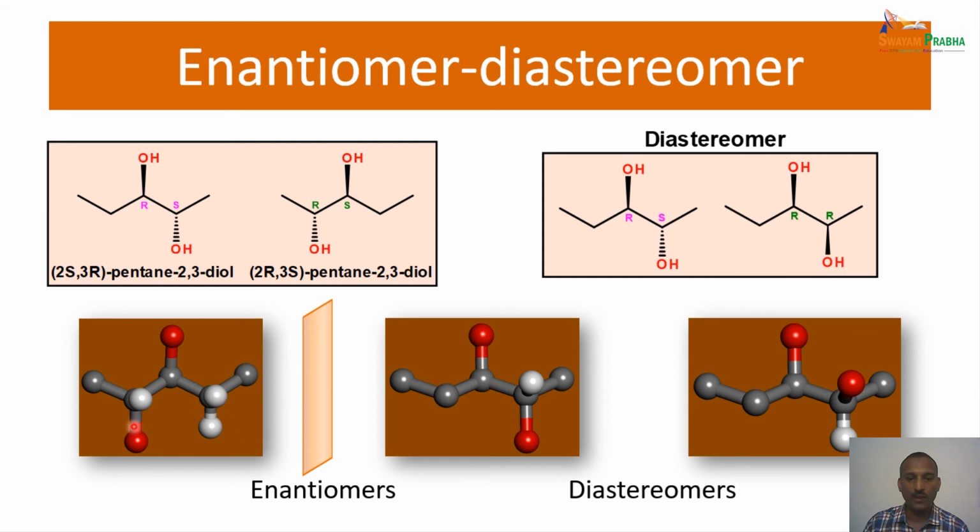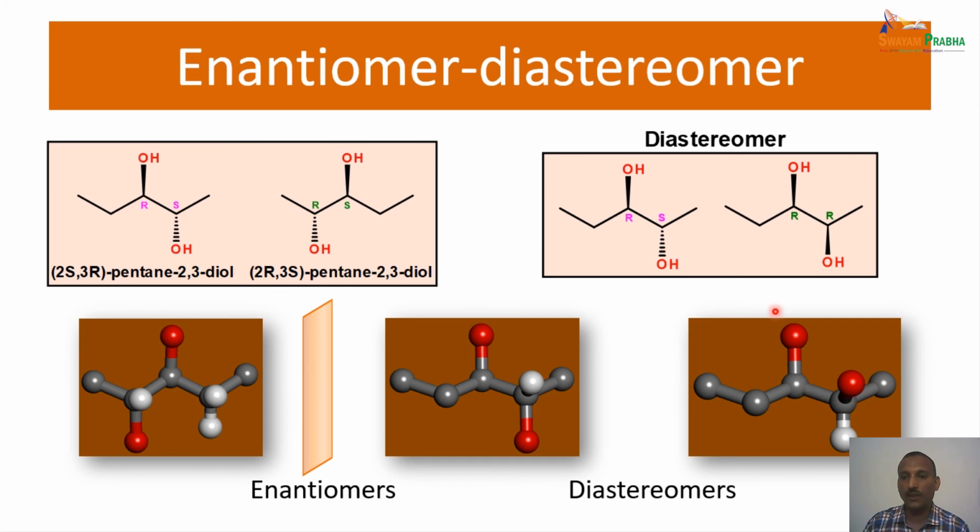In other words, this carbon retains the same configuration here again. The OH is on the right hand side, here the OH is on the left hand side. So these two are enantiomers, whereas in this particular case the OH is on the central carbon, here again OH is on the central carbon, but the hydroxyl group is pointing downwards here and in this one it is pointing towards the observer. So these two are diastereomers.